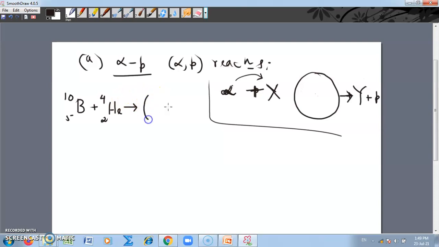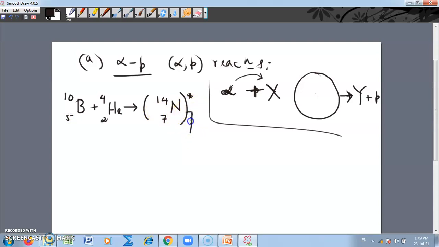This obviously becomes 10 plus 4 is 14, and 5 plus 2 is 7. With atomic number 7, we have nitrogen, but it will be in an excited state. Why? Because this alpha particle is highly energetic, it will be absorbed and it will be in a highly energetic state, and therefore it will have to come down to the ground state.